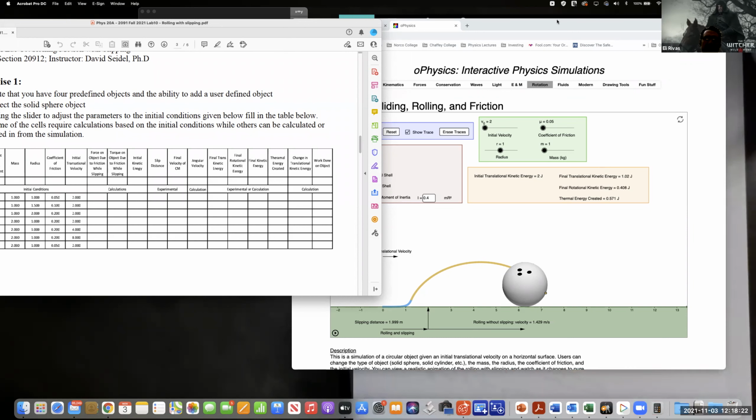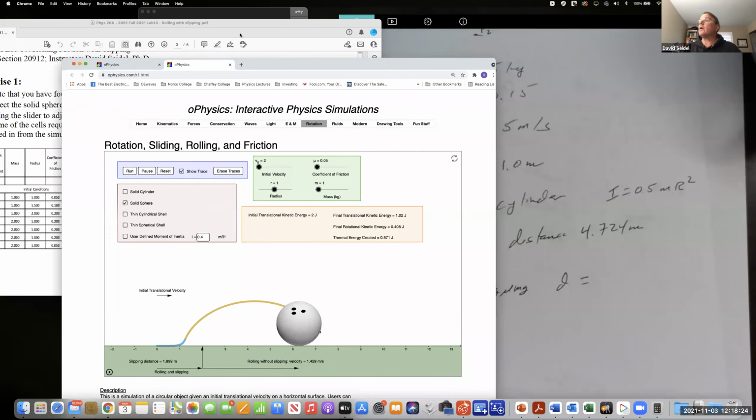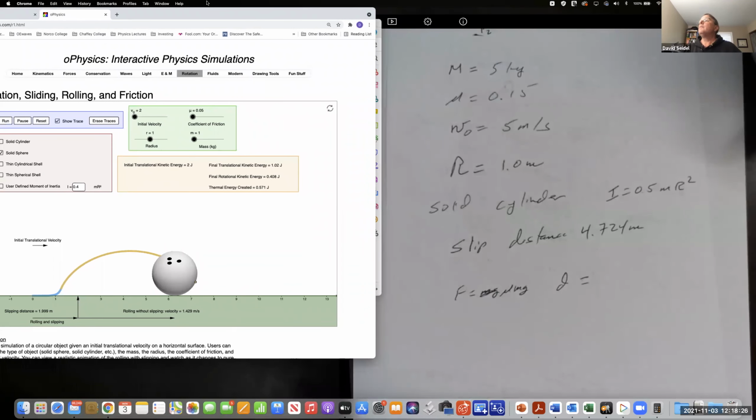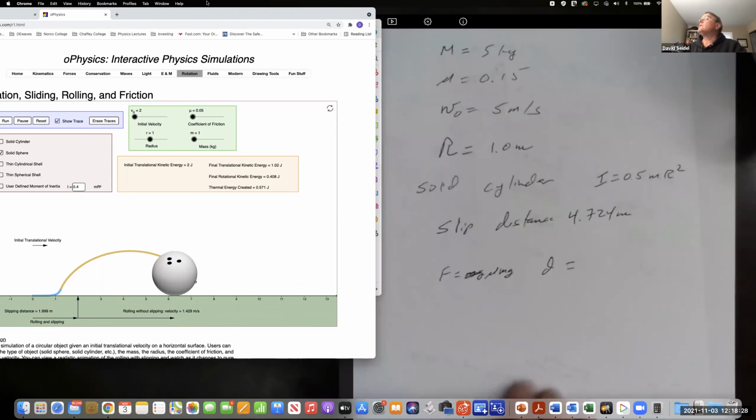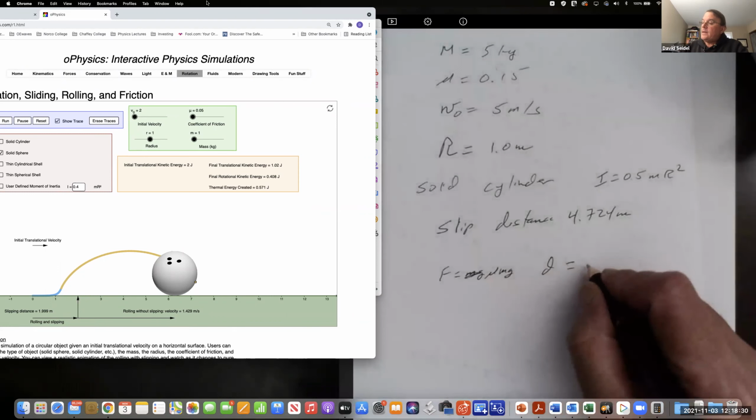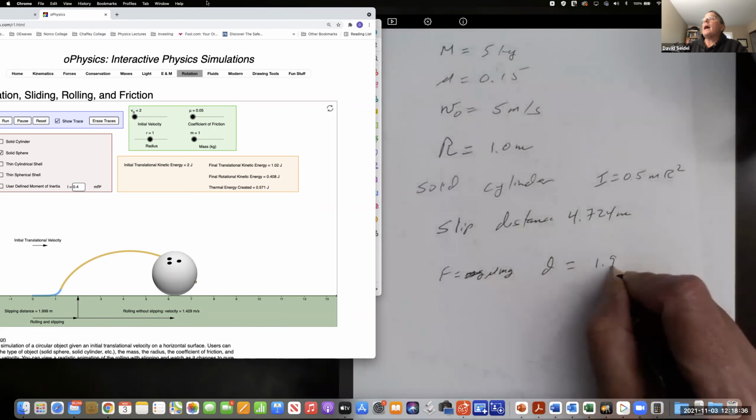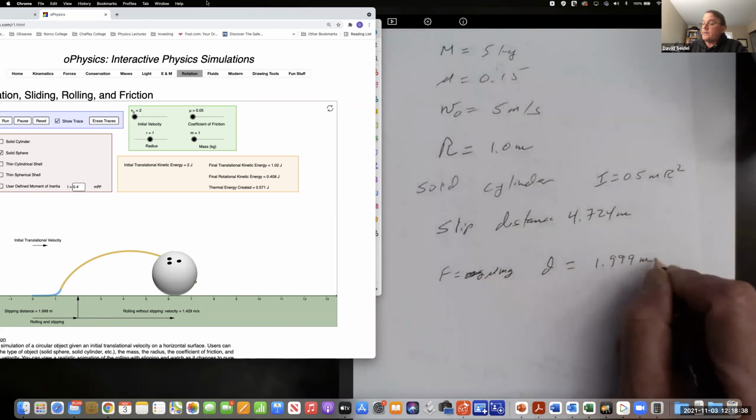If I want to do the work for the first one, my work was mu mg times D, where D was 1.999 meters.